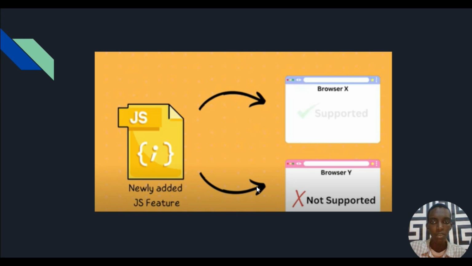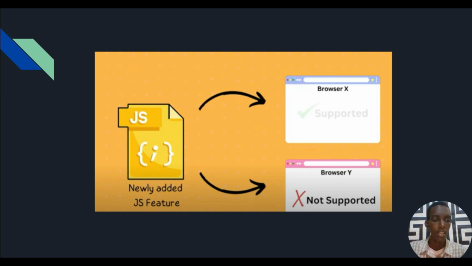Now look at it this way. This is JavaScript, right? This is browser X and this is browser Y. Browser X is a browser that has updated its JavaScript engine, but this one has not updated its JavaScript engine. Any new JavaScript feature you use won't work on the old one, but it will work on the one that has already updated its JavaScript engine.